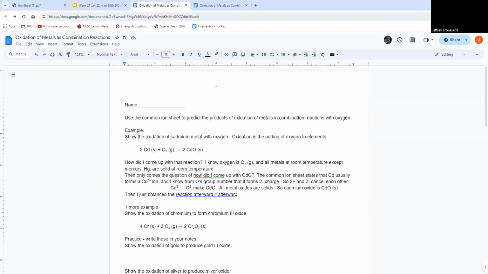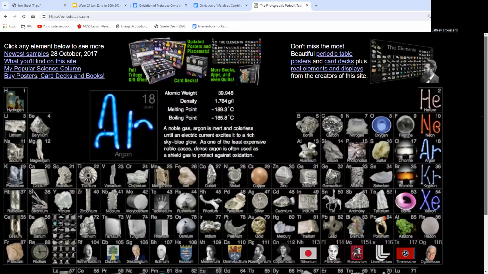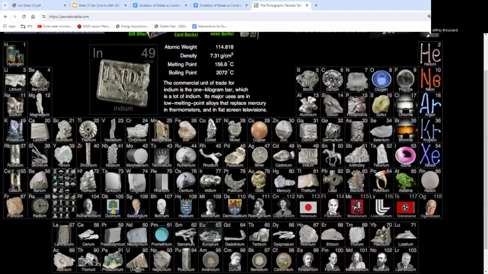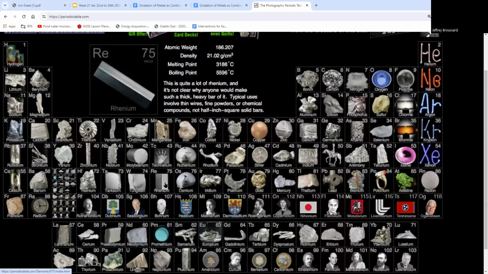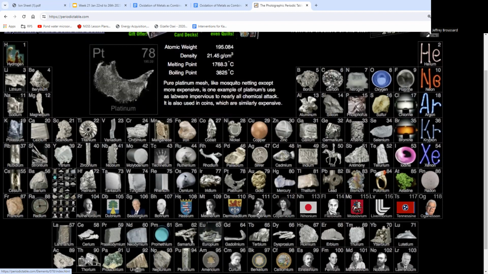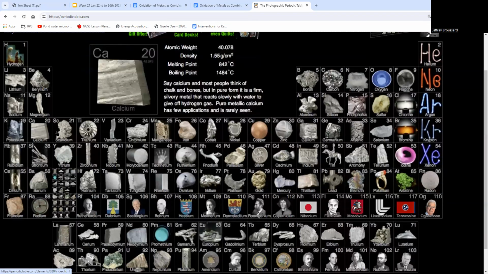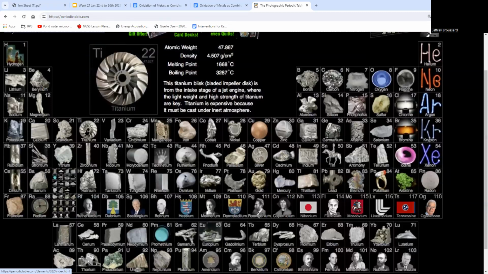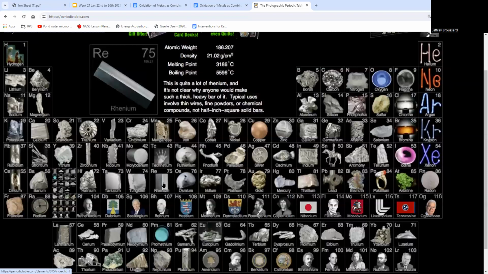Here is cadmium. And one thing that I want to remind you is that the metals on the periodic table are all shiny gray objects by and large. So if you look at osmium, iridium, platinum, silver, cadmium, mercury, they're typically shiny gray metals that you're familiar with.